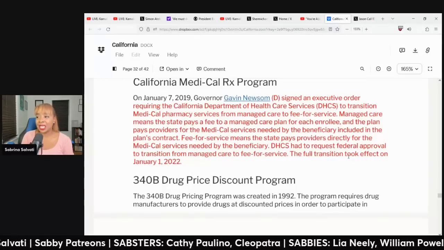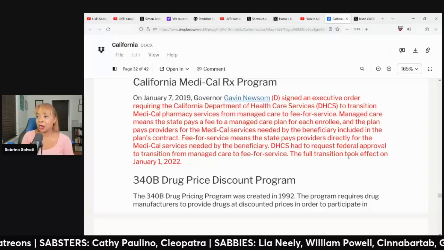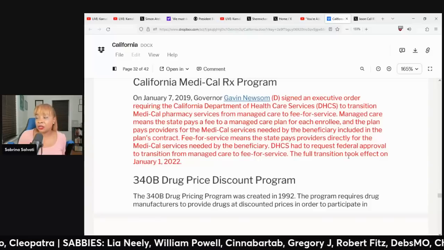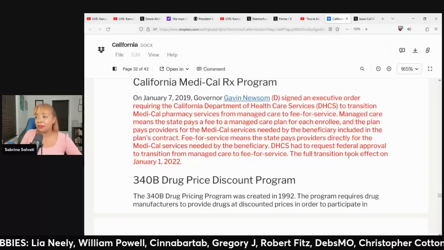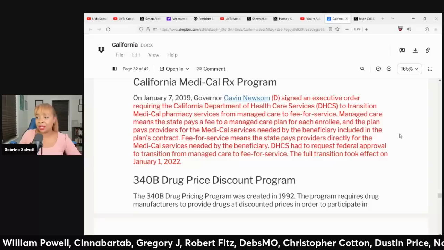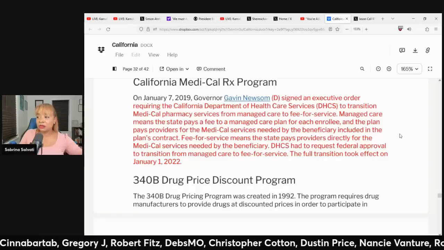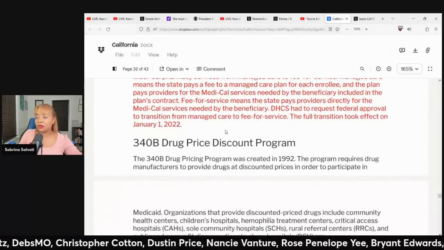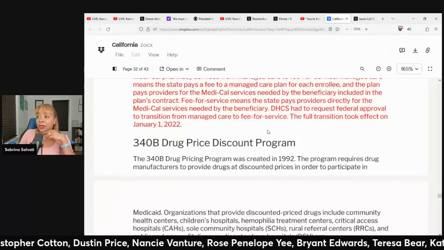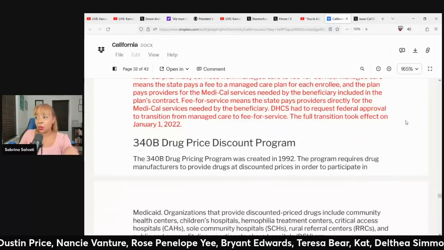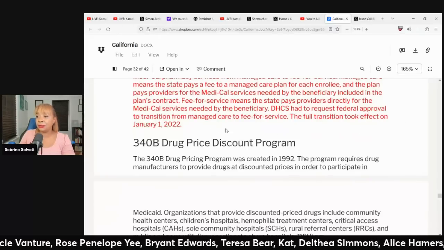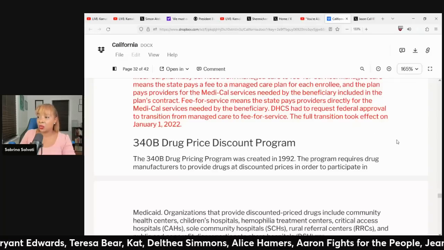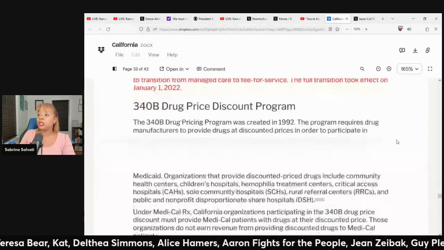Managed care means the state pays a fee to a managed care plan for each enrollee, and the plan pays providers for the Medi-Cal services needed by the beneficiary included in the plan's contract. Fee for service means the state pays providers directly for Medi-Cal services needed by the beneficiary. DHCS had to request federal approval to transition from managed care to fee for service. The full transition took effect on January 1st, 2022.